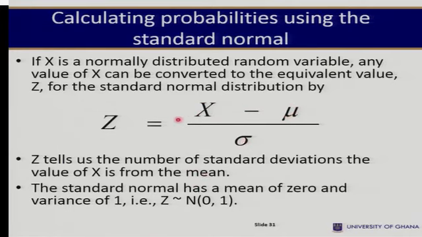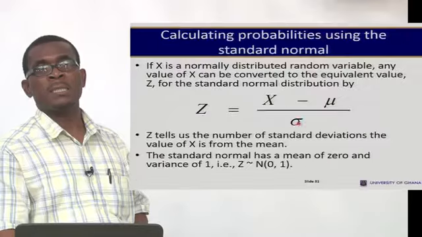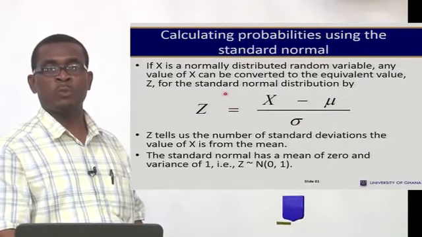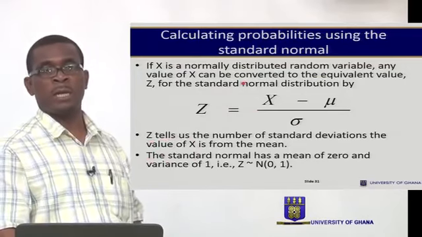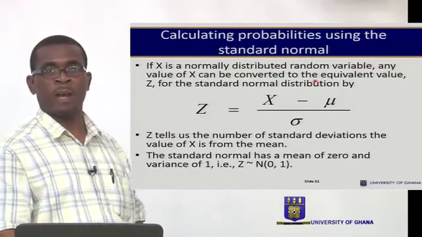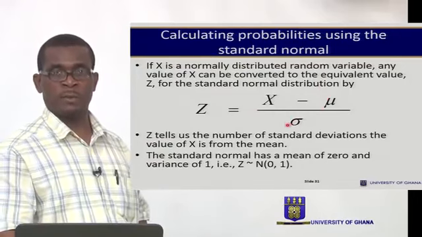This result gives us a variable called z, and we call this the standard normal variable. And we are saying that this standard normal variable will conform to the same distribution irrespective of the value of mu and sigma. So it means that this standard normal distribution can represent all normally distributed variables irrespective of the value of their mean and standard deviation.